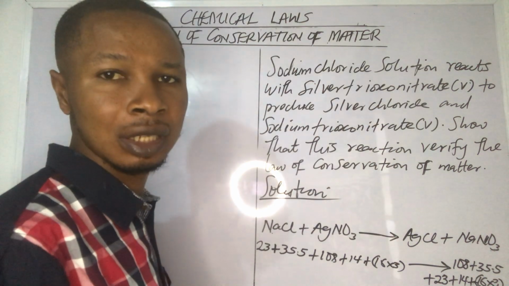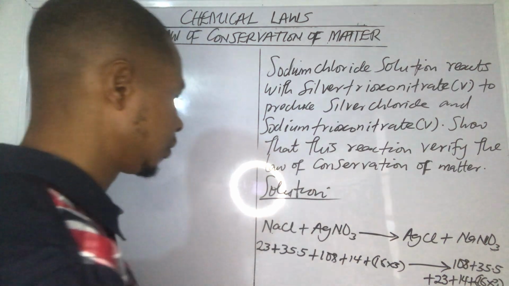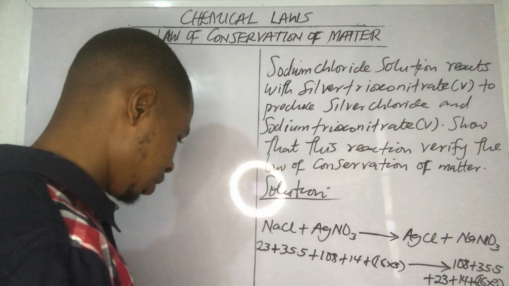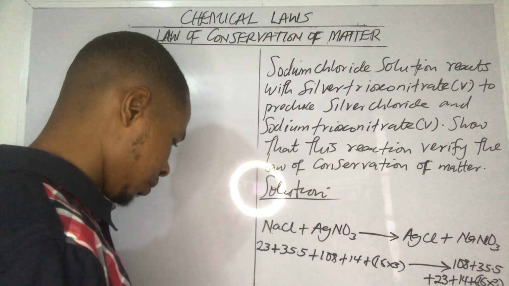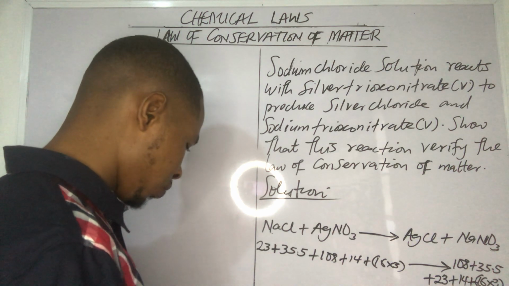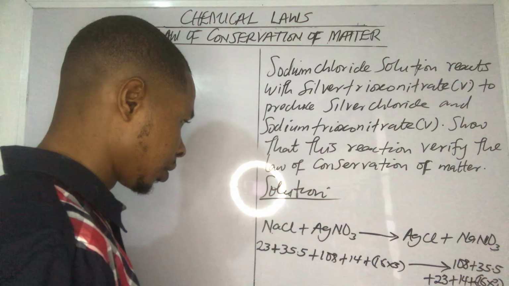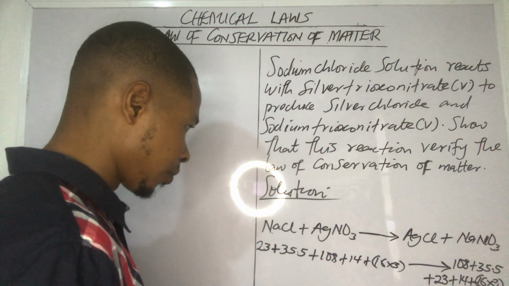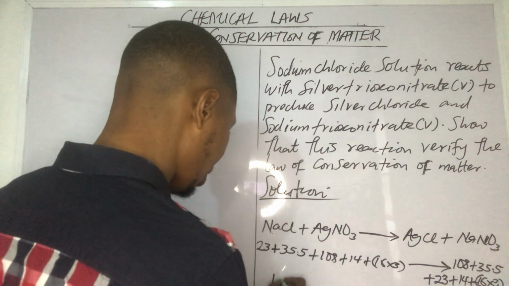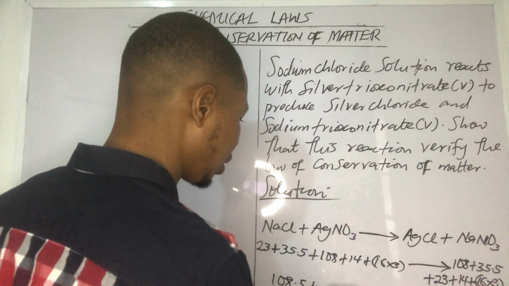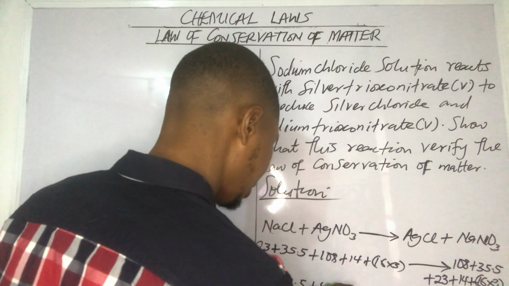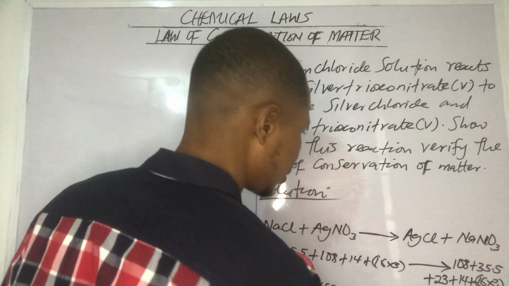So let's check if the masses are the same. In this case, I have 23 plus 35.5 plus 108 plus 14, that will give me 180.5 plus 16 times 3, so that's 48. Is it equal to the other side?